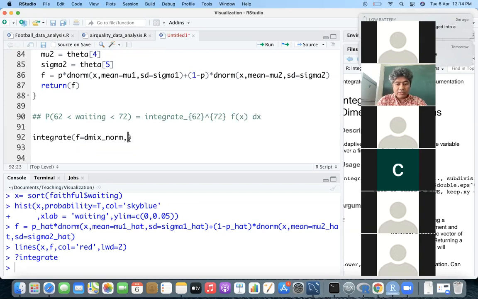So my lower limit is 62 and the upper limit is 72.